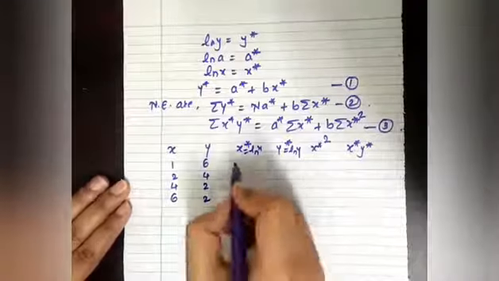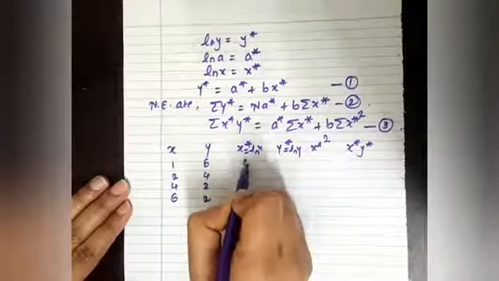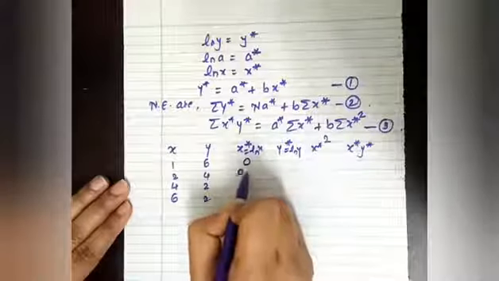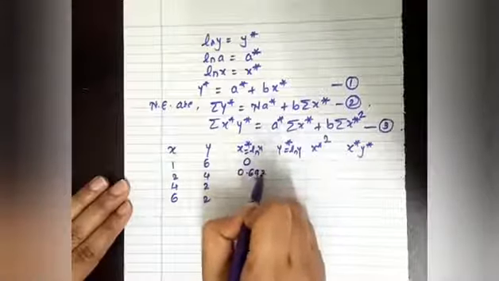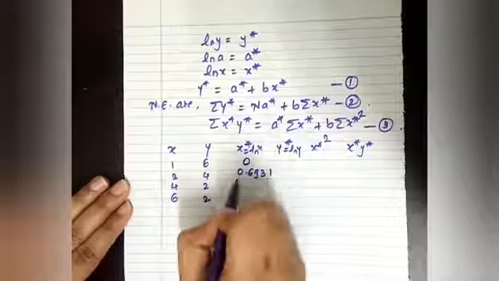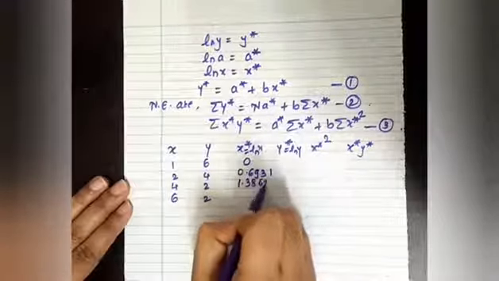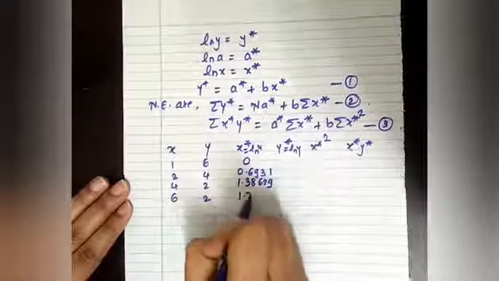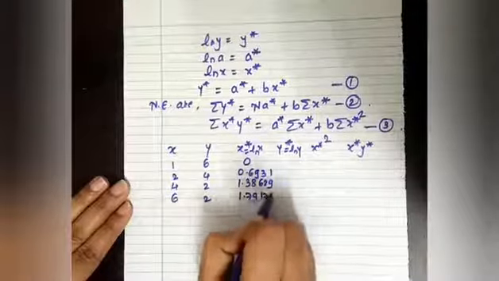Substituting the values of x star: 0, 0.6931, 1.38629, 1.79175.